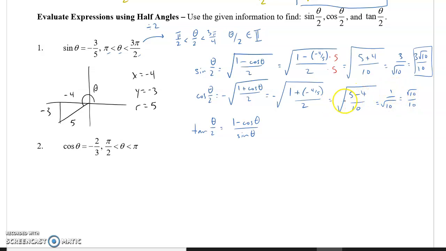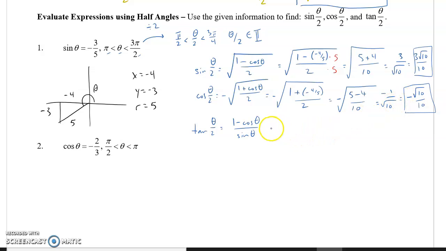I'm going so fast. The negative is here, but it's not really legible, so let's erase this and make some space for the negative. Want to be able to read the answer, right? So negative root 10 over 10. All right, and that's the cosine of 1/2 theta.